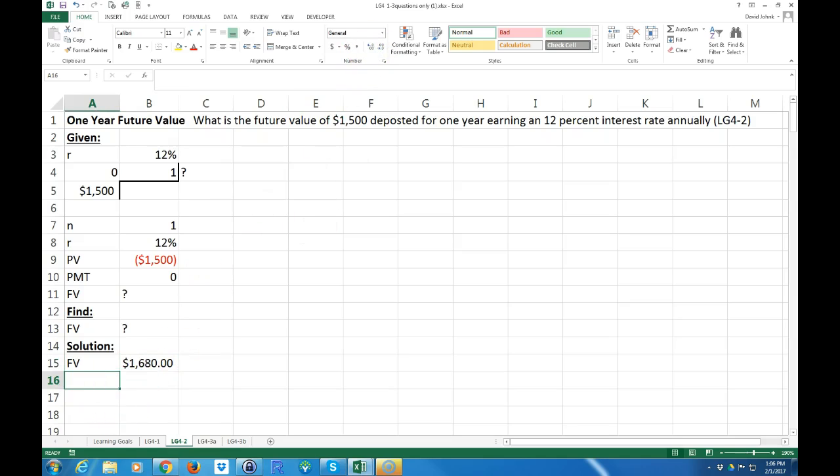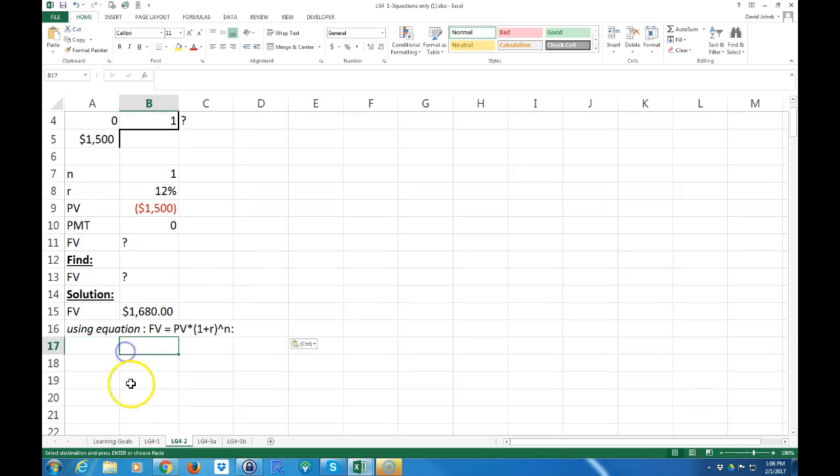Also, you could do it using an equation. You're using the finance equation, and it looks like that. The way you do that, you would say it equals the present value, which is again, I'm not going to use this negative because this is math, right?